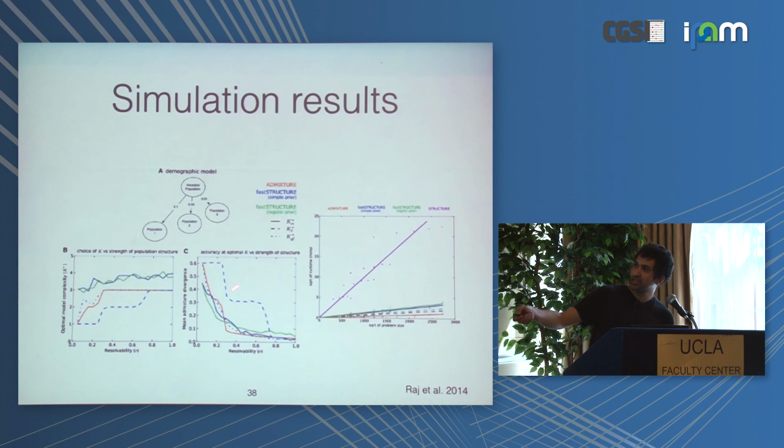So just to give you the highlight, they looked at a demographic model with 3 populations that admix, and the key quantity they're looking at is a measure of how closely can you approximate the genome-wide ancestry proportions. When you look at fastSTRUCTURE, which is this variational inference for the admixture model, and they compare to ADMIXTURE, which is performing EM inference on these admixture models.